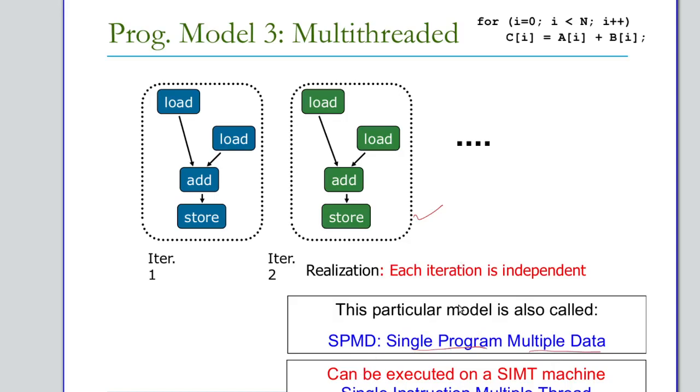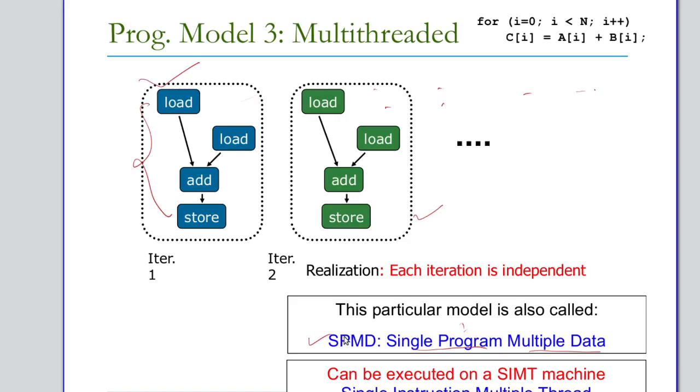Single program means we are executing the same sequence of code. We are not saying that we are executing the same instruction. We are saying that we are executing the same program on different data. We have multiple threads, all having the same sequence of code, just executing with different data. So this model can be treated as SPMD, single program multiple data.